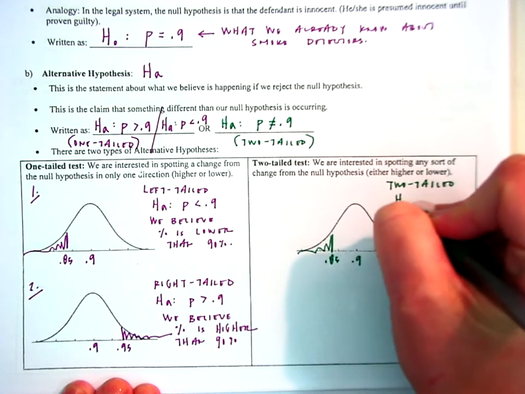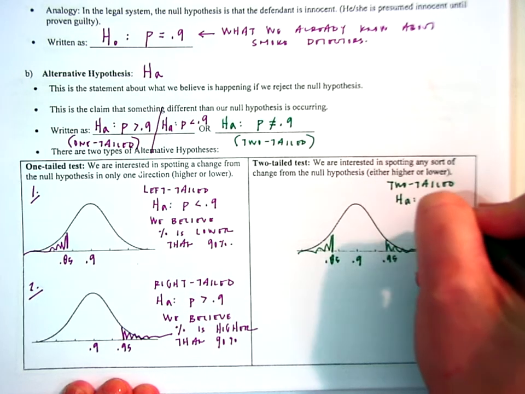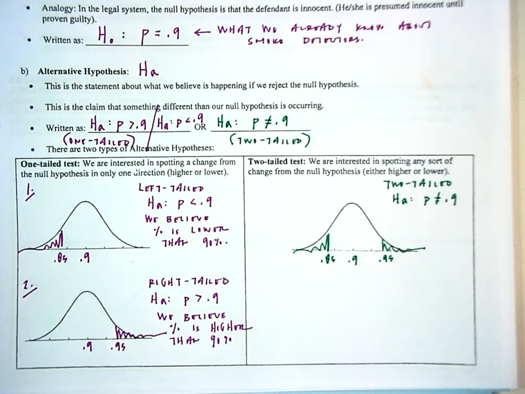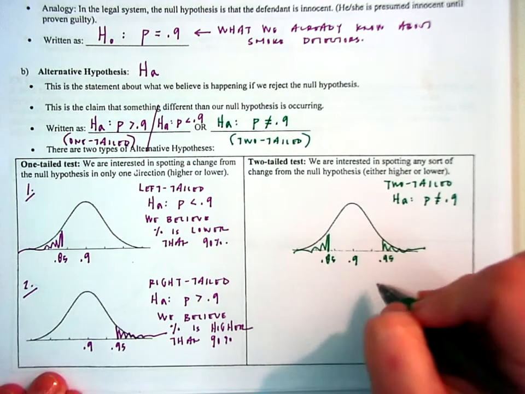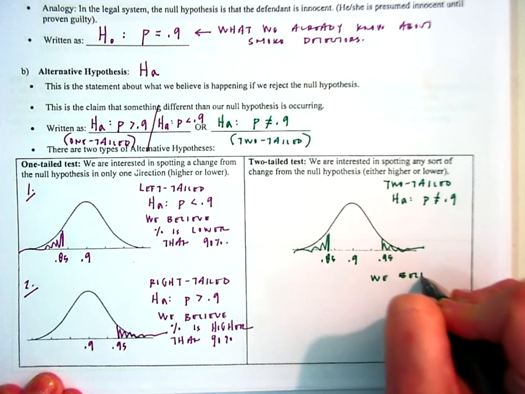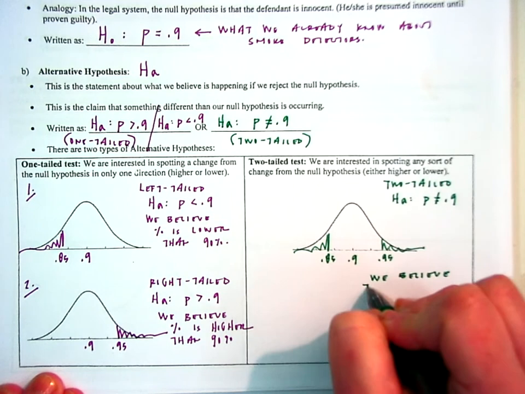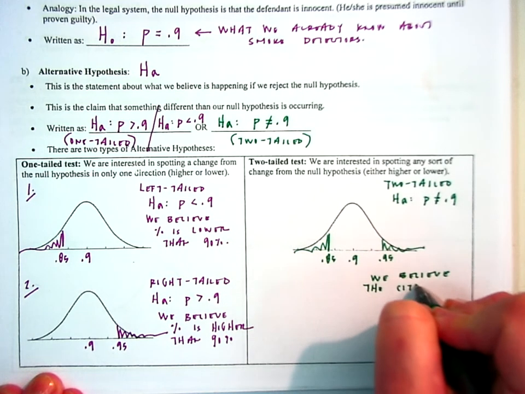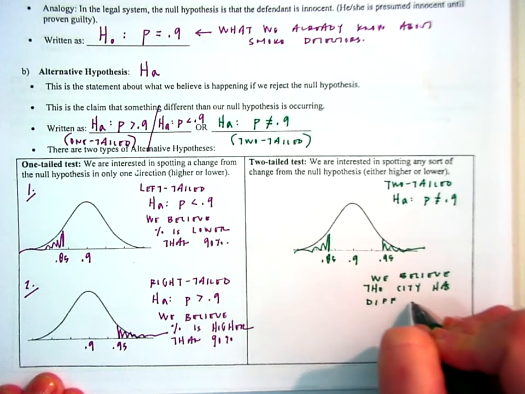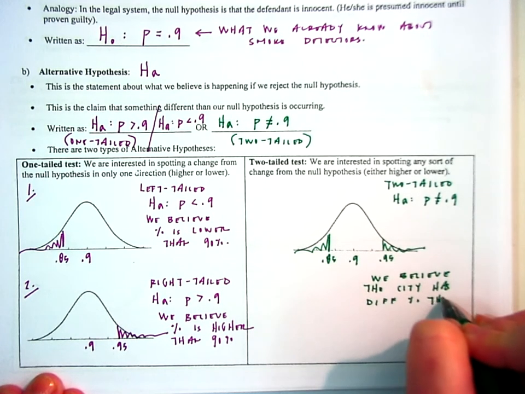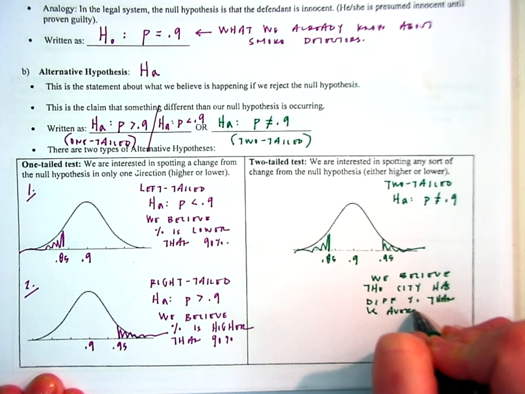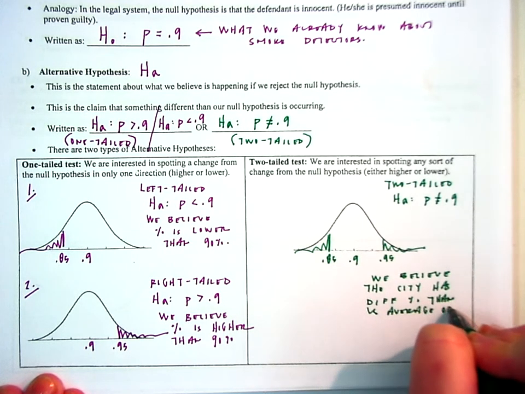We're saying that our alternative hypothesis is that, well, it's just not 0.9, but we're not indicating higher or lower. So this would be like, we believe the city has a different percentage than the US average of 90%.